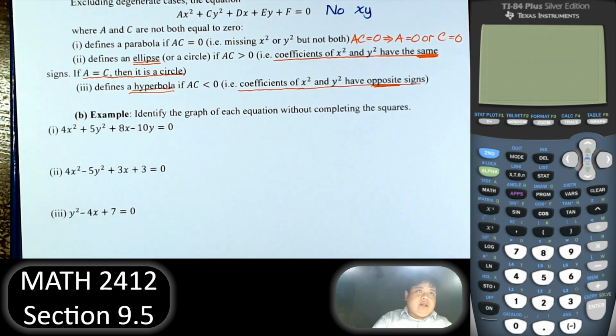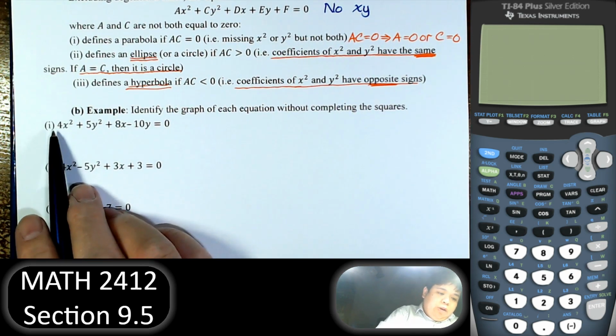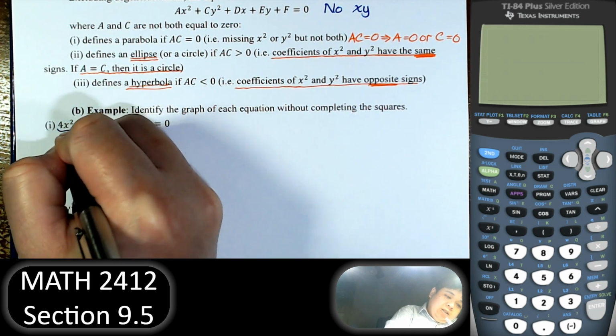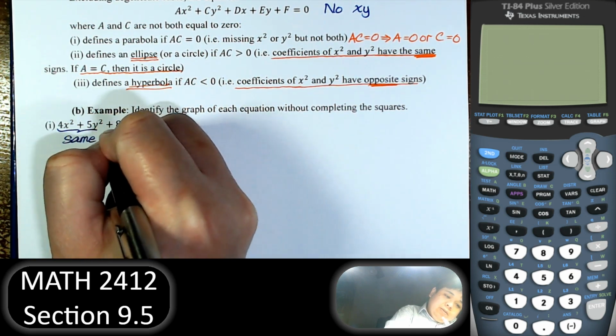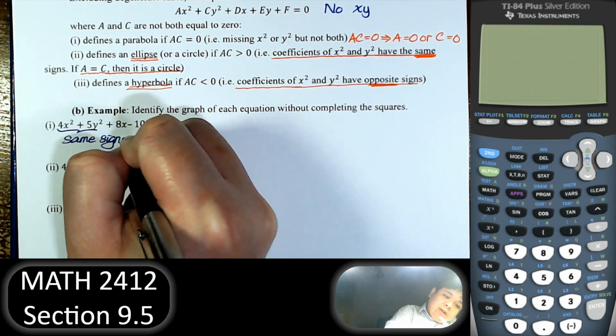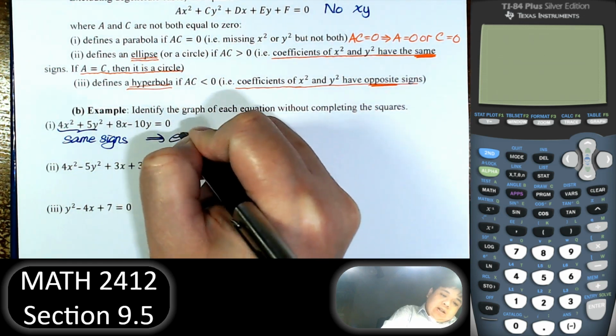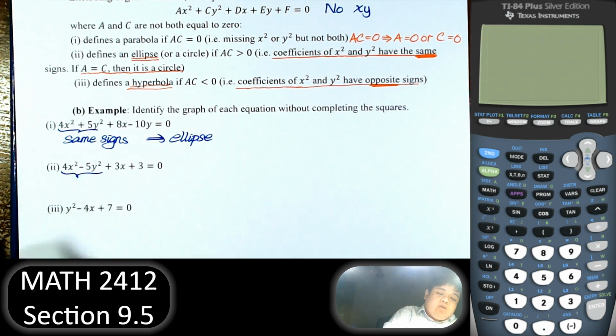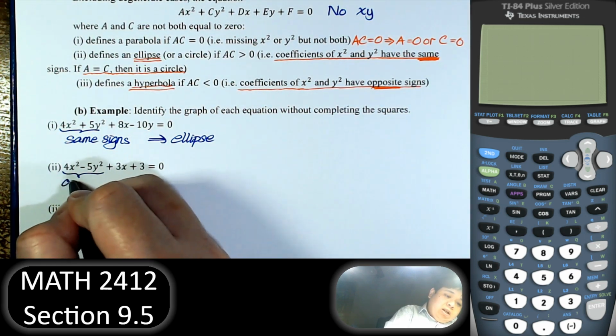Right. So let's quickly just look at this. The coefficients of x squared and y squared have the same sign. So that gives us an ellipse. Here, the coefficients of x squared and y squared have the opposite sign.